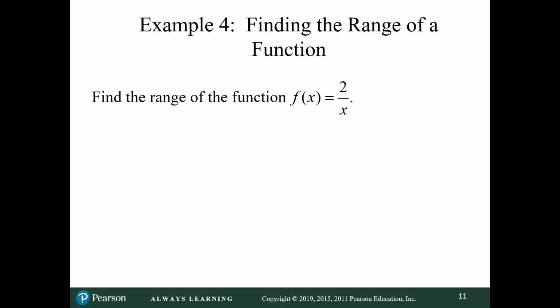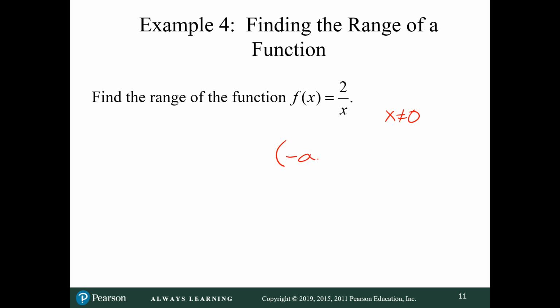All right. When a variable is in the denominator, what cannot be in the denominator? You can't have the denominator equaling 0. So x cannot equal 0. So what's the interval notation for this?